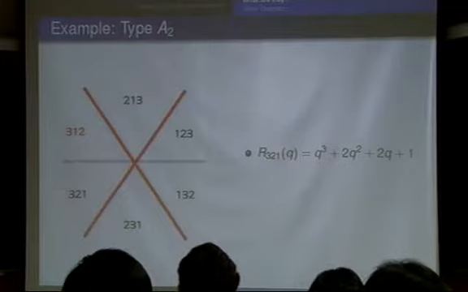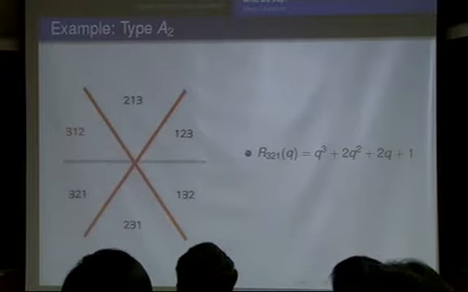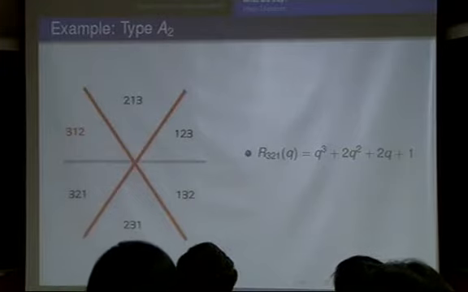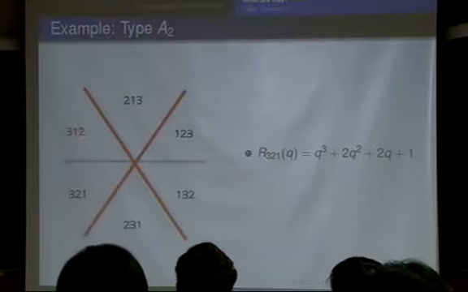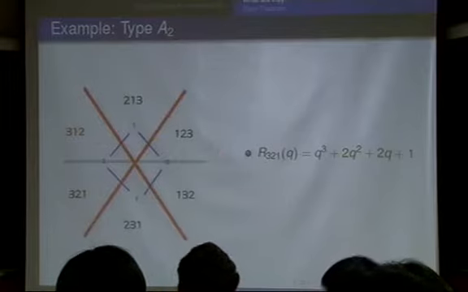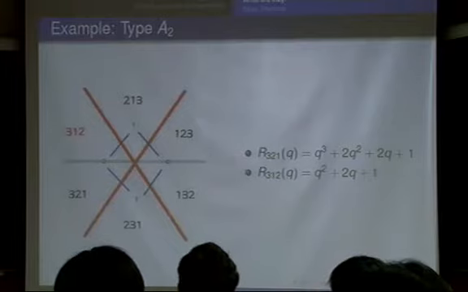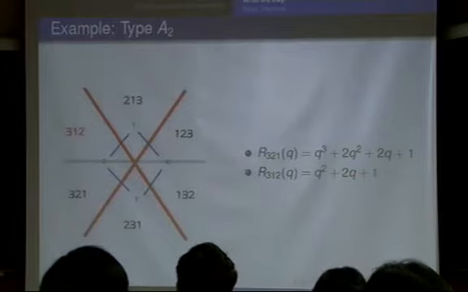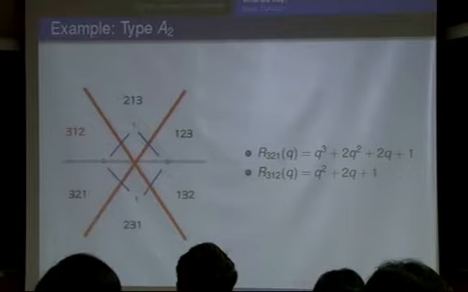So this is not an inversion hyperplane, so we erase it, and only these two remain. And this is the identity region, the region that contains the identity element. And this is the distance. So the region polynomial is q squared plus 2q plus 1.